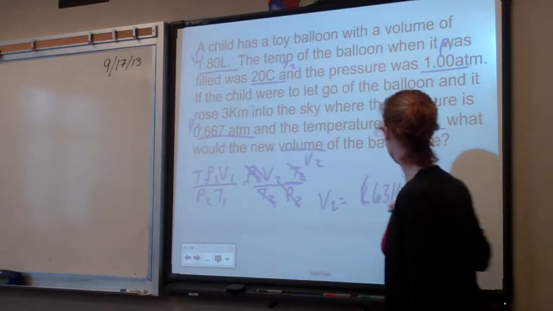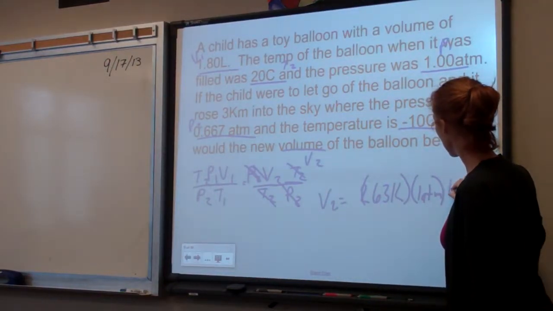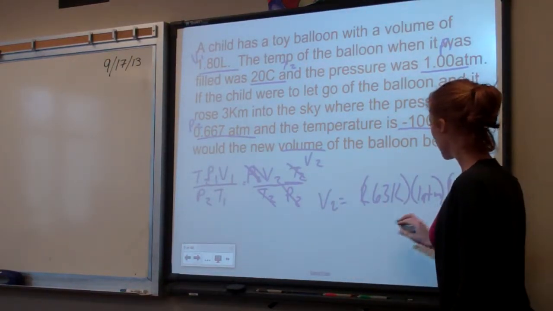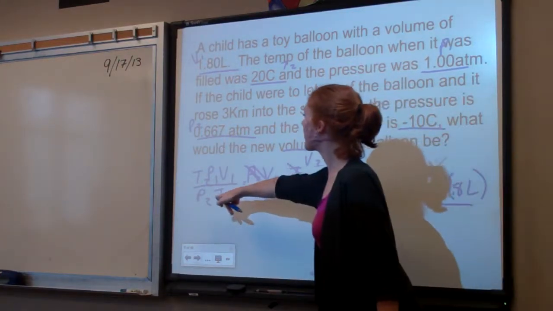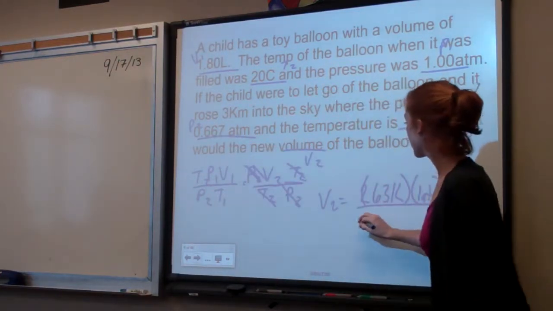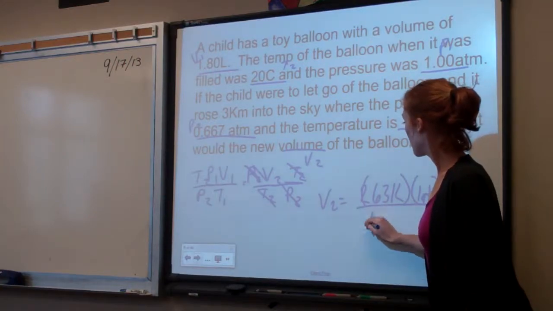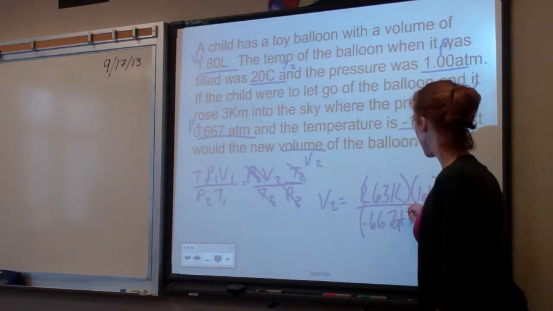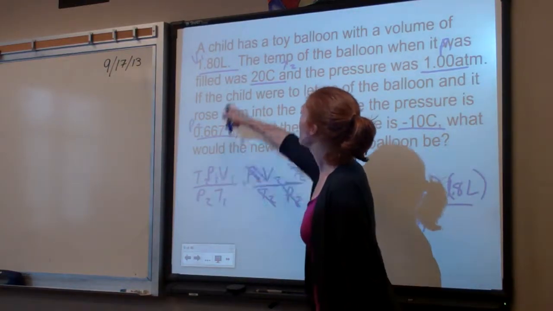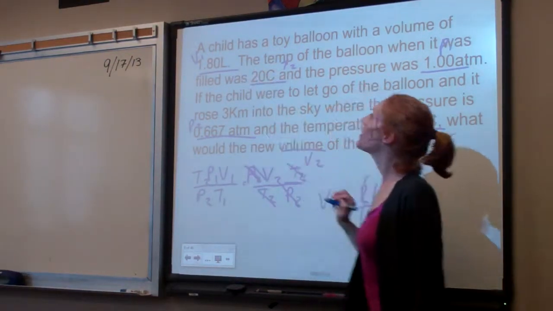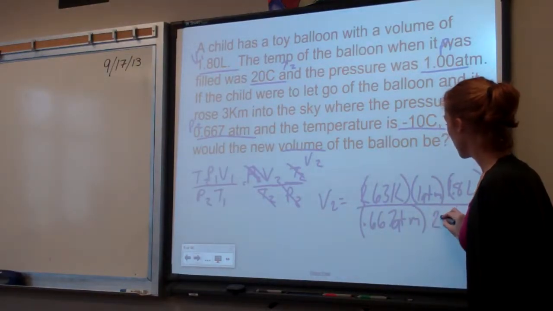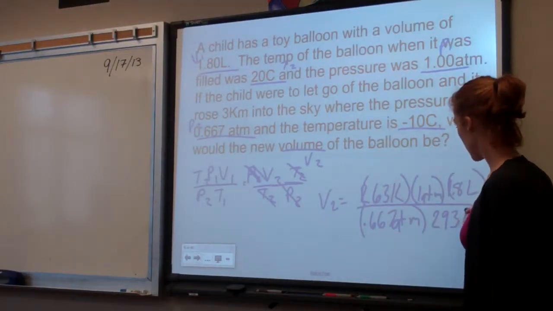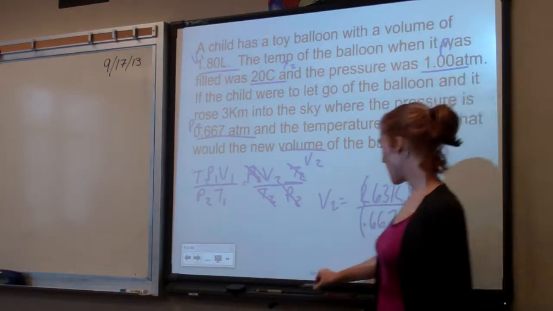V1, that was 1.8 liters, divided by P2, which is 0.667 ATM, and divided by T1, and T1 was 20 Celsius, so 20 plus 273 makes it 293 Kelvin. Okay, now we have to type all that in.